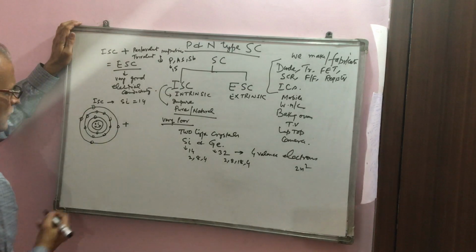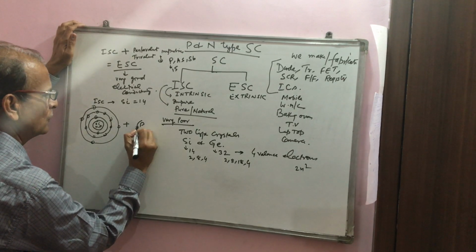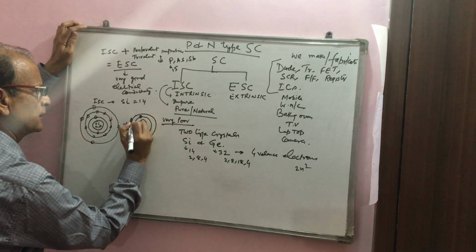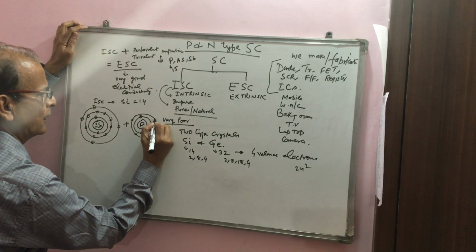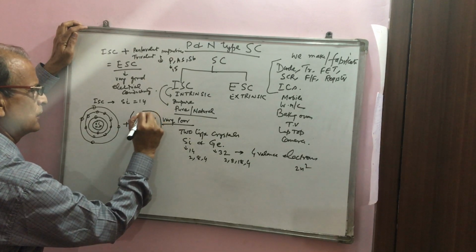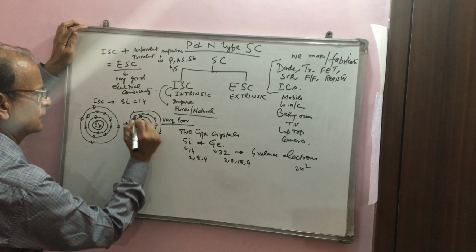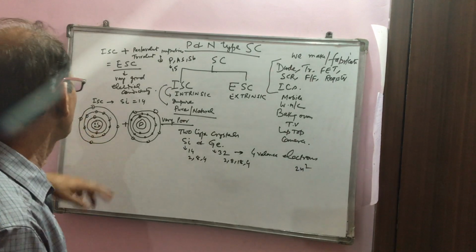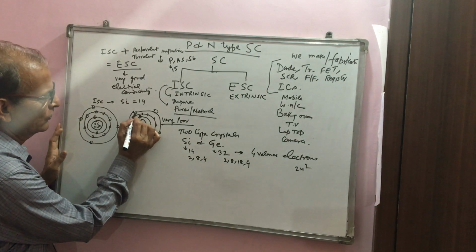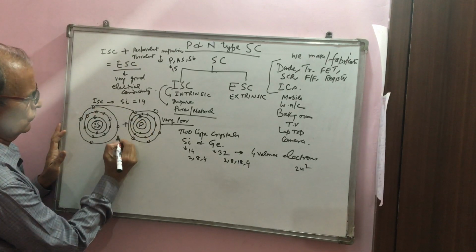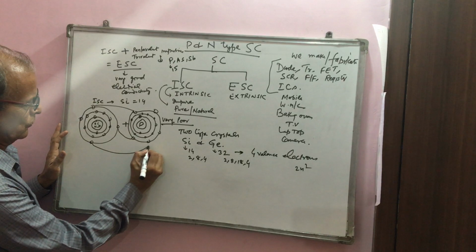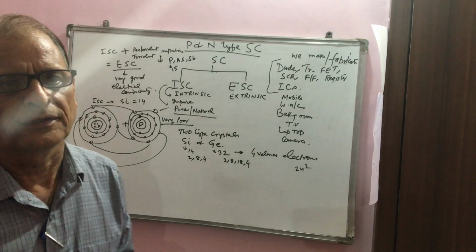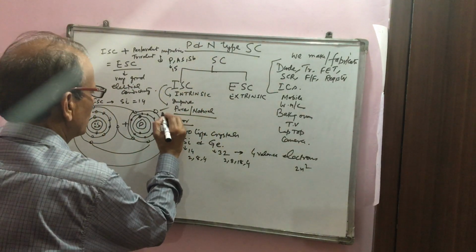So when we add phosphorus nucleus, first orbit 2 electrons, second orbit 8 electrons, third orbit 5 electrons. 4 outermost electrons of silicon will form covalent bonding with 4 electrons of phosphorus, and 1 electron is left behind.